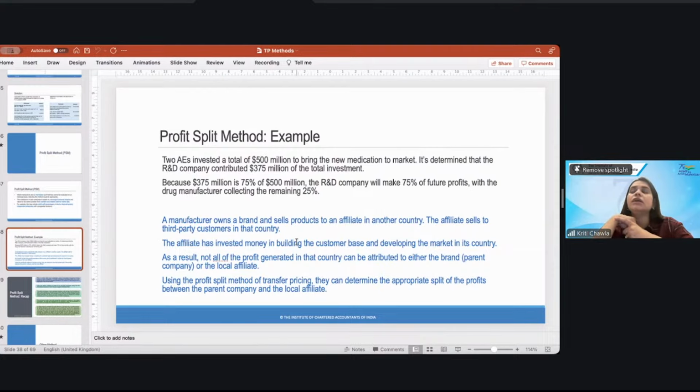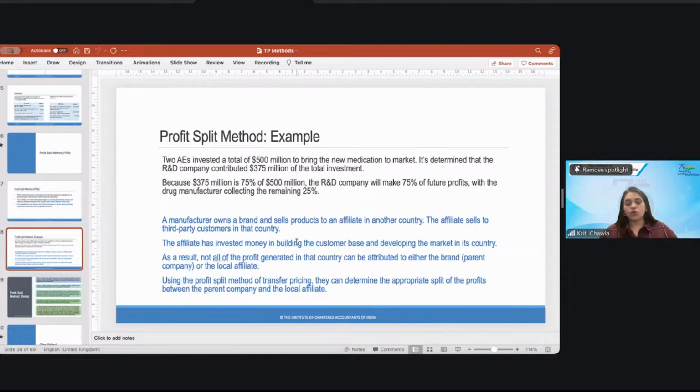One company provided R&D, which was $375 million of the total investment, and the rest was done by the other enterprise. So if you look at 375 from the perspective of 500, it's actually 75%.